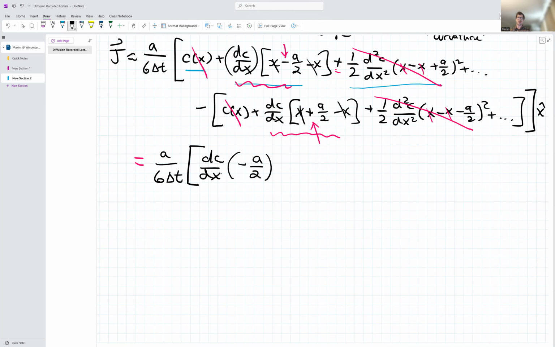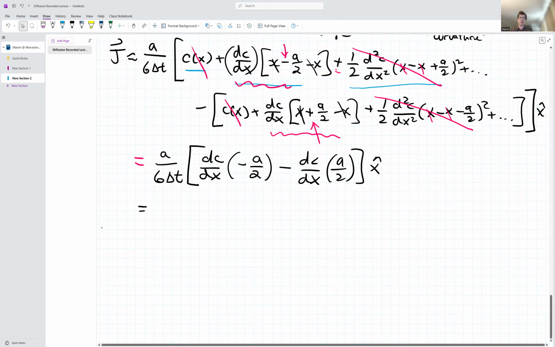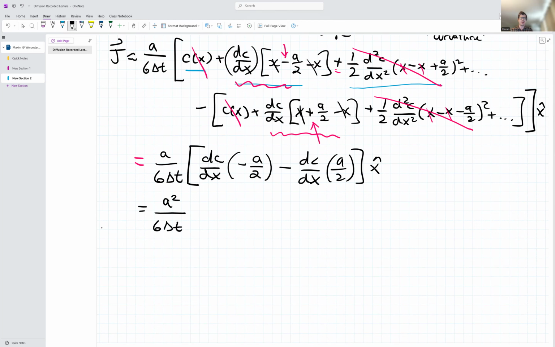And then we subtract dc dx times a over 2. So they add together, actually. These two combine. This is in the x hat direction. And what you get is there's a factor of a that comes out. It's a squared over 6 delta t. And we pick up a minus sign, right? There's a minus sign here and a minus sign there. And it's dc dx along the x hat direction.